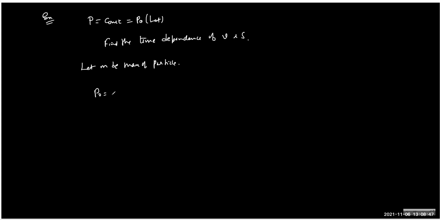To begin with, you can start like this. You can write F as m into a, where F represents the net force. So we can say P naught equals F into v, which is m a into v, and we can write a equals dv by dt.